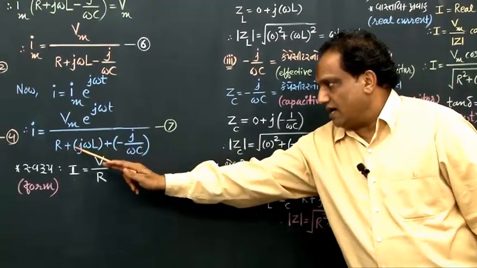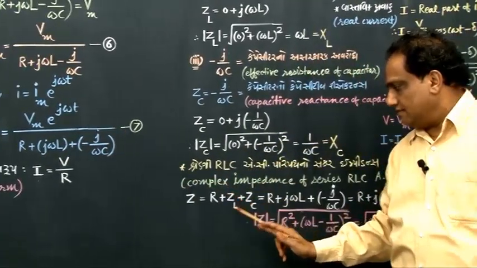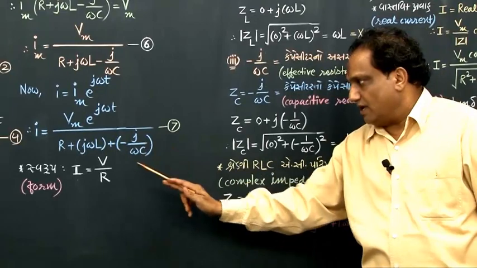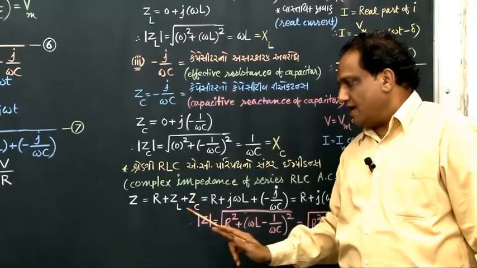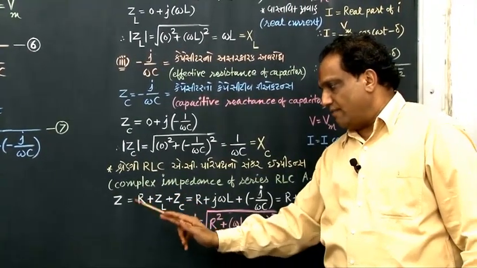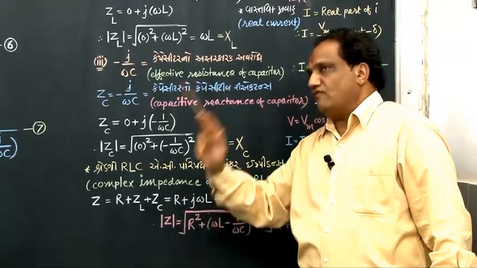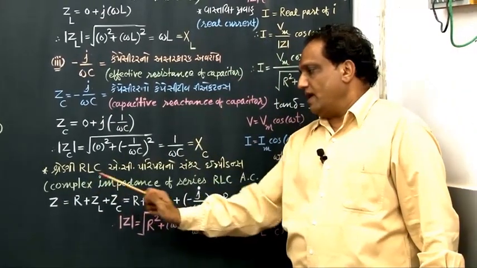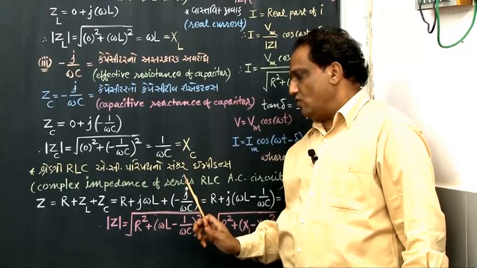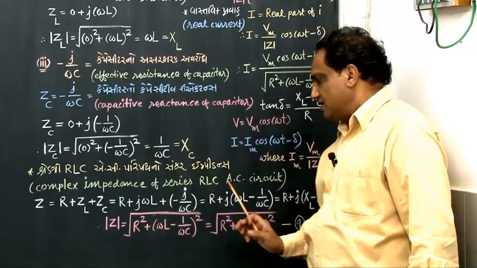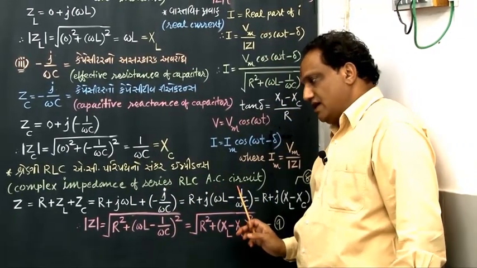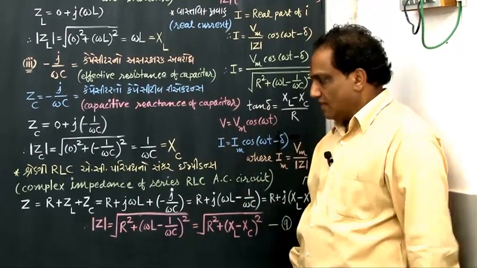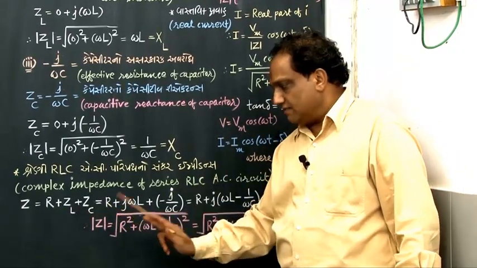In place of j omega L, I am putting ZL. In place of minus j upon omega C, I am putting ZC. And the whole addition is now replaced by Z, where Z is called the complex impedance of the whole series RLC AC circuit.